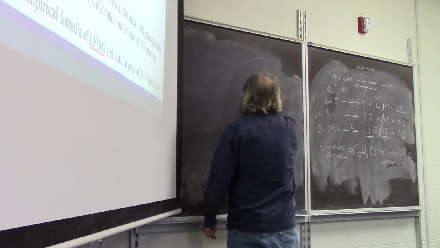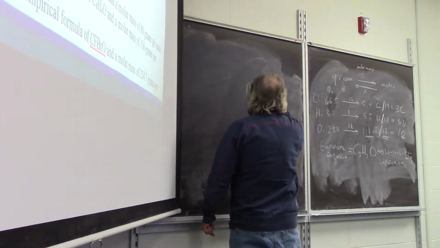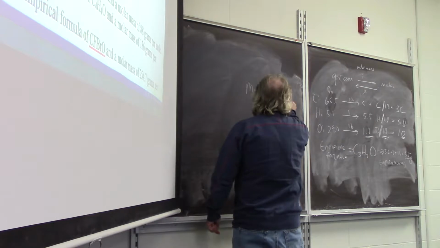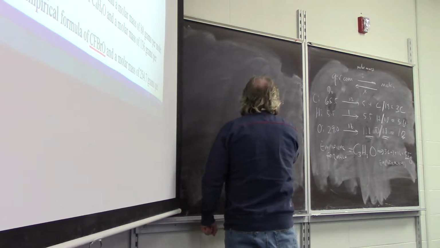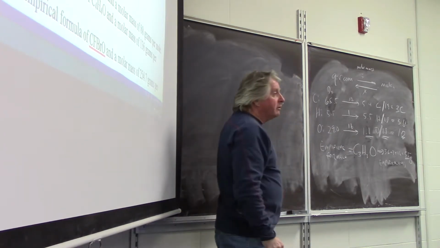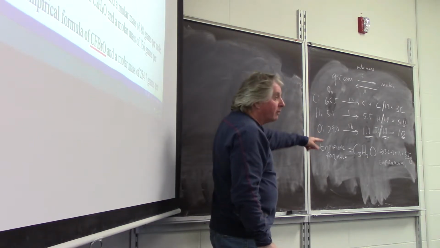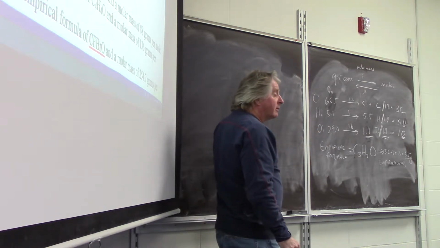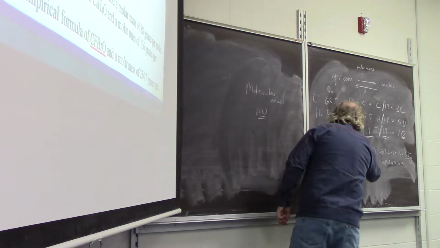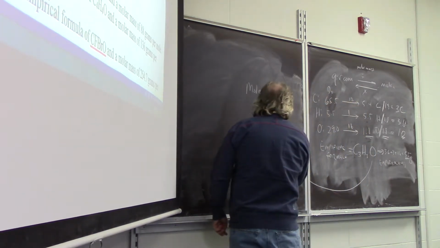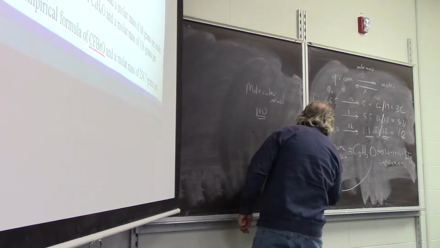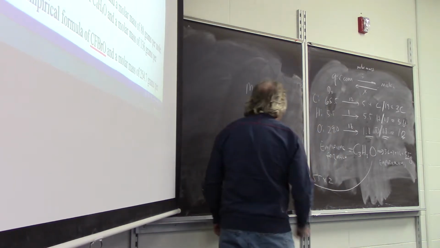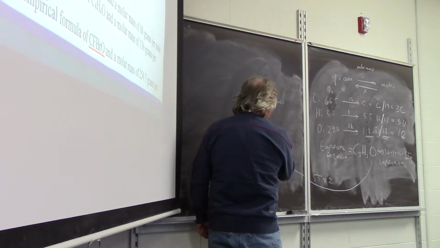Okay, the molecular mass is 110. The ratio of the two is, you need 2 of those to make one of these. So you're going to take this number here, because it weighs 55, and multiply it by 2, you get 110.